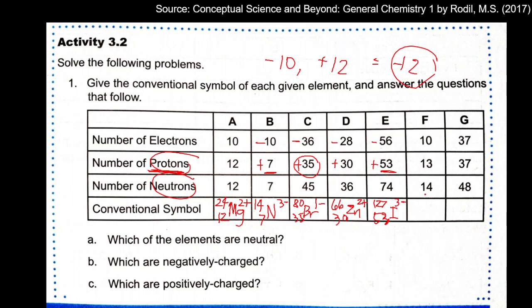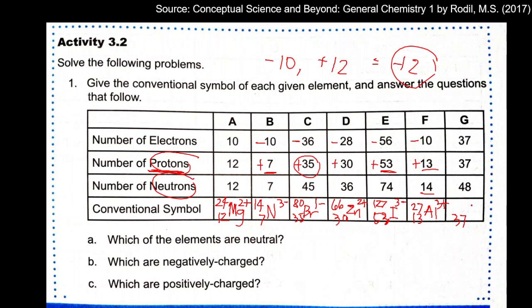Next, we have atomic number 13. That is the element aluminum. The mass is 27. And the charge is negative 10, positive 13. That's equal to positive 3. And lastly, we have this one, atomic number 37.